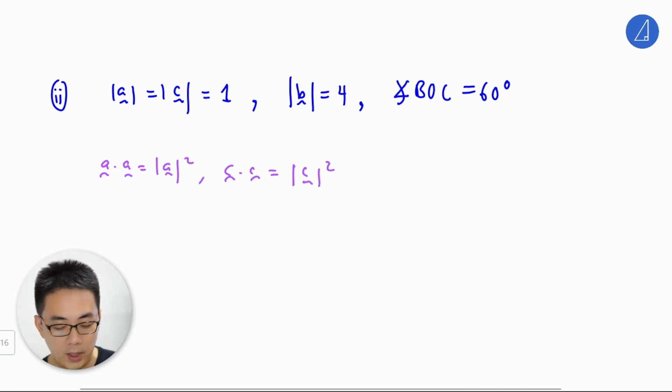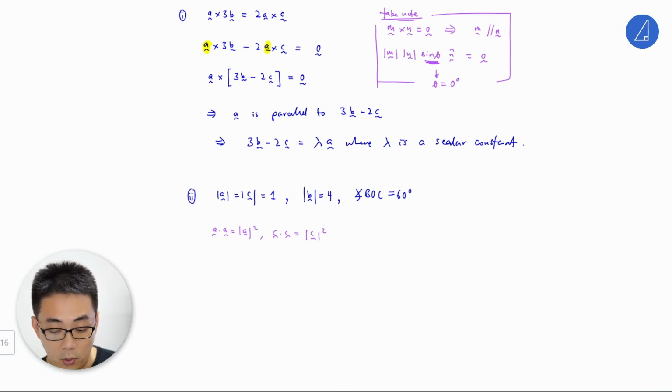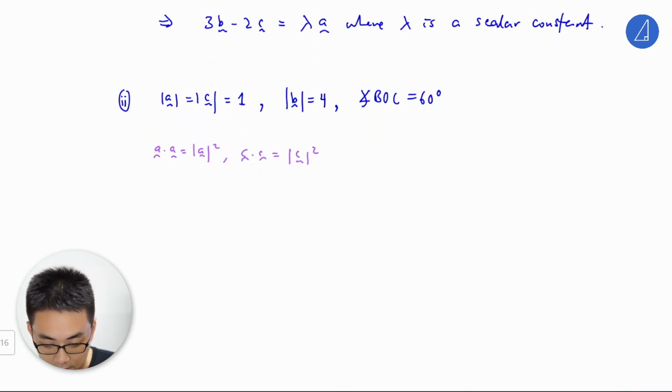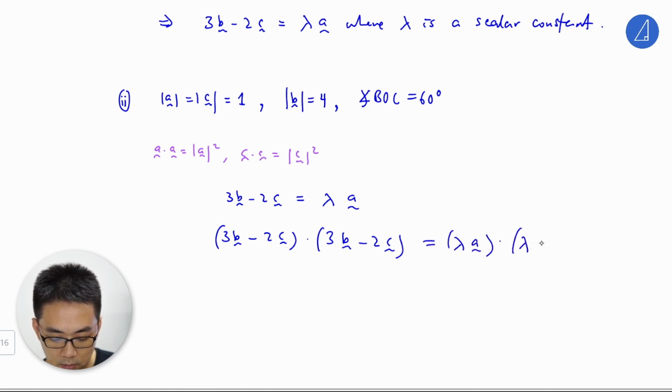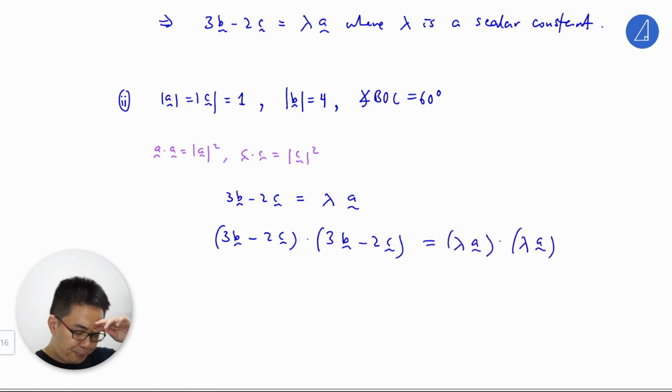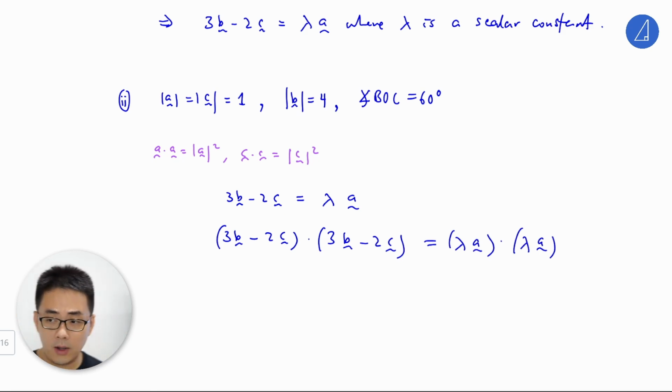If you refer to our vectors notes, we actually have done questions like this before. So you just take 3B minus 2C equals lambda A, then you dot them together. In other words, if you take 3B minus 2C dot with itself, it's much easier, because if I take A dot A, I'll get mod A squared.